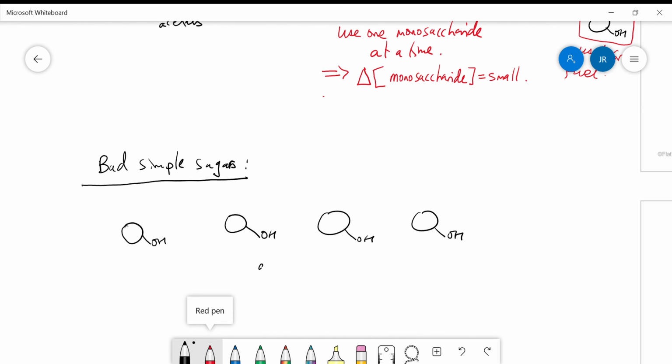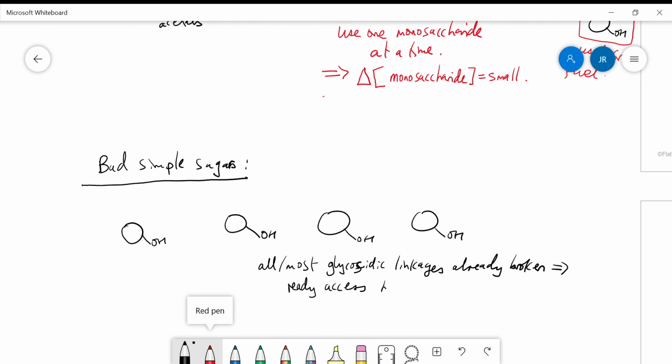So all or most, depending on whether you have mono or disaccharides, the glycosidic linkages are already broken, which means you have ready access to a large concentration of monosaccharide.